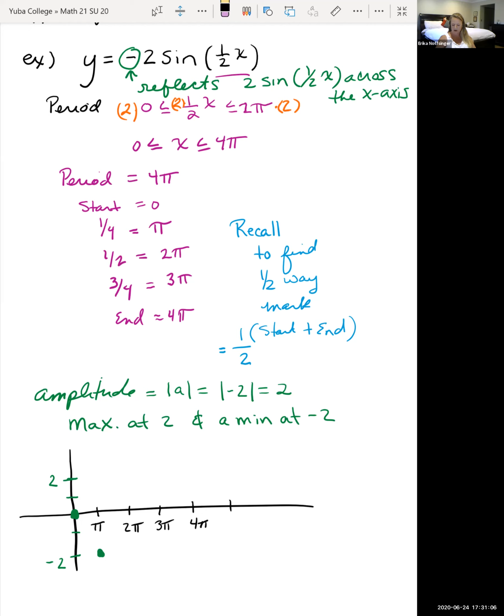I have to turn around, come back, hit the x-axis. So at 3 pi, I'm going to hit 2. At 4 pi, come back around and hit the x-axis. And I can continue that pattern every pi. I'm either going to be hitting a max, min, or the x-axis. And we got the picture.